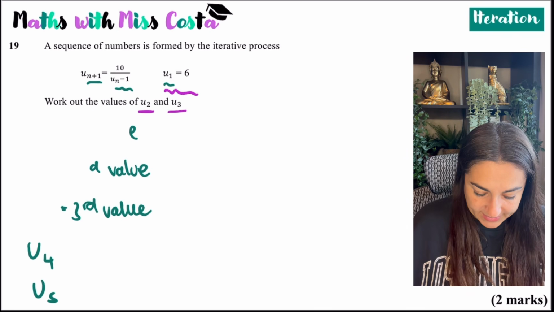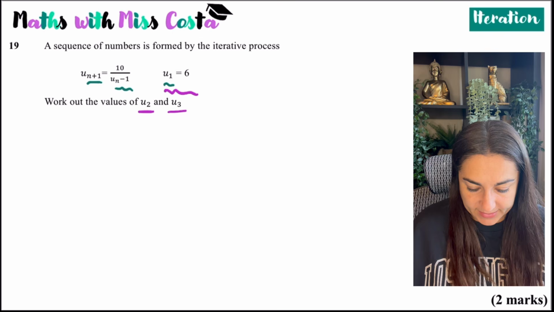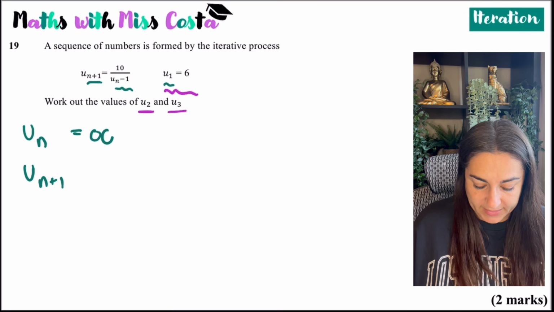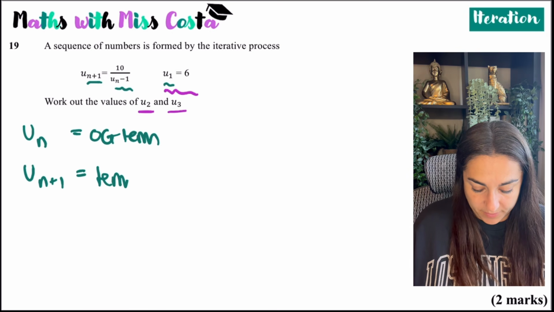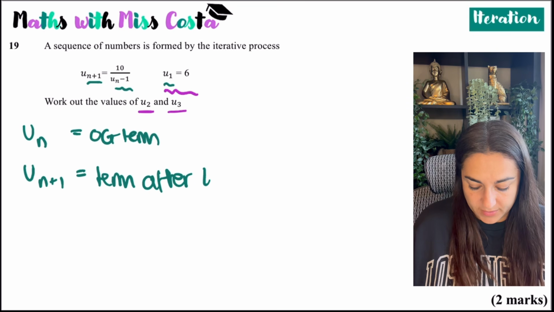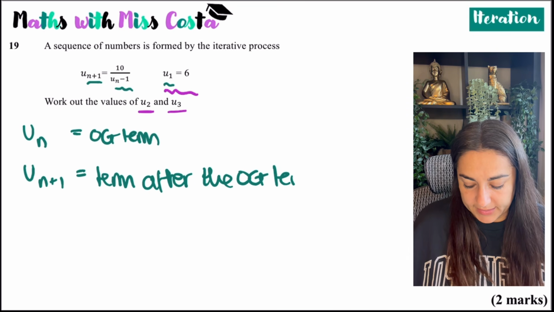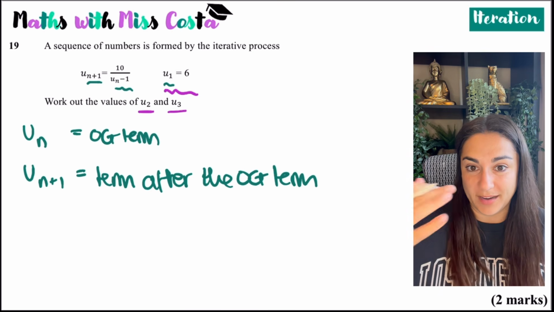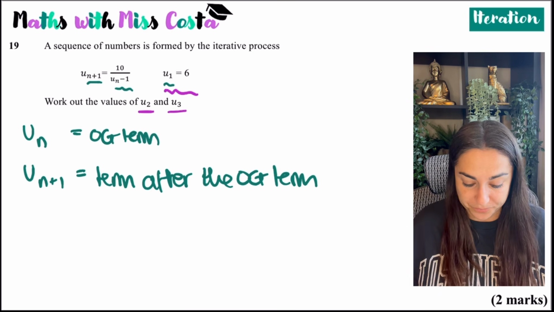Now, what this next bit here means, so you're generally going to have something like this, Un and then Un plus 1. This just means the original term, and this just means the term after the original term. It will hopefully make a little bit more sense when we put it into action.